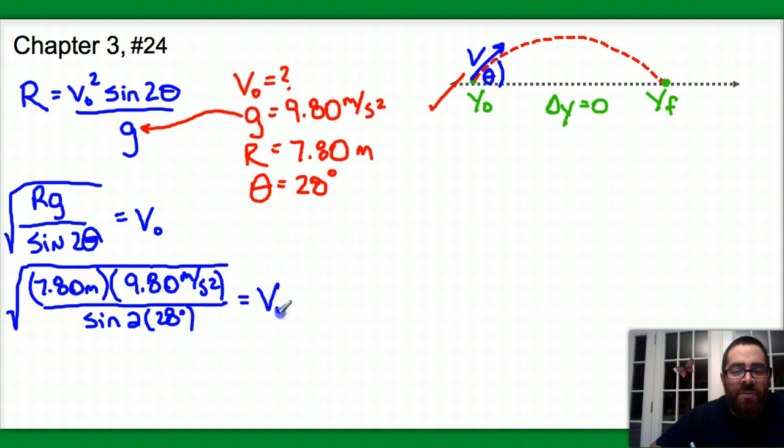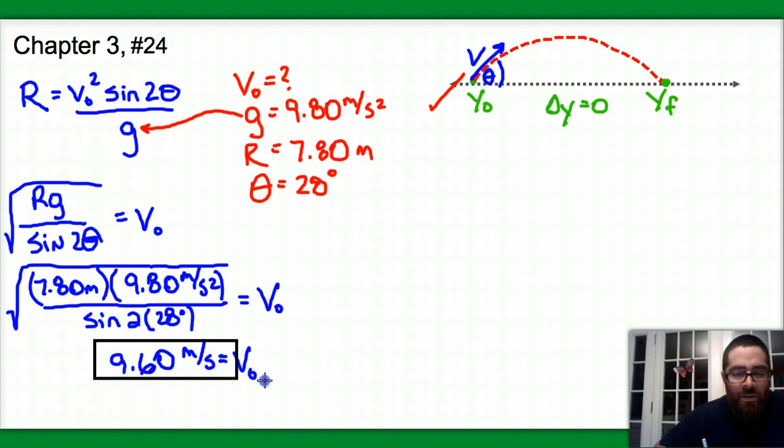And all of that's going to be equal to my initial velocity. When I run that through my calculator, I get 9.60, that's a 6, meters per second being my initial velocity. So that's my answer for part A.